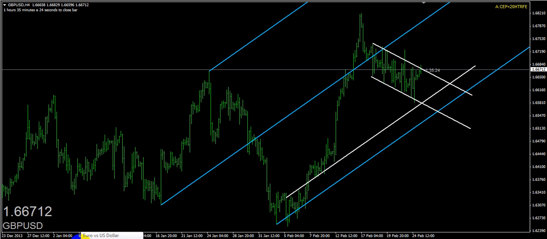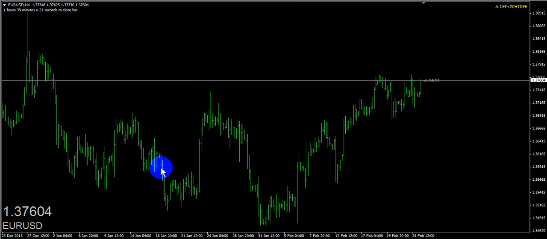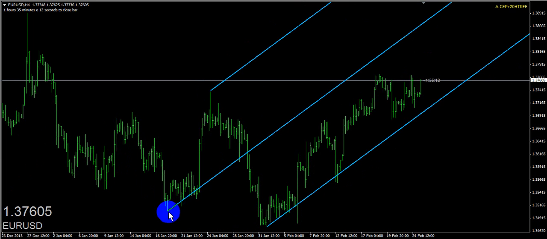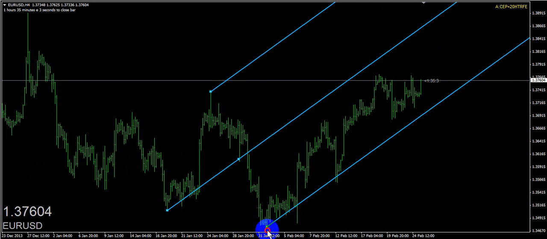Now to the euro dollar 4-hour chart. Very similar pattern. Take a low, high, low, make sure that they are at the extremes of the bars.